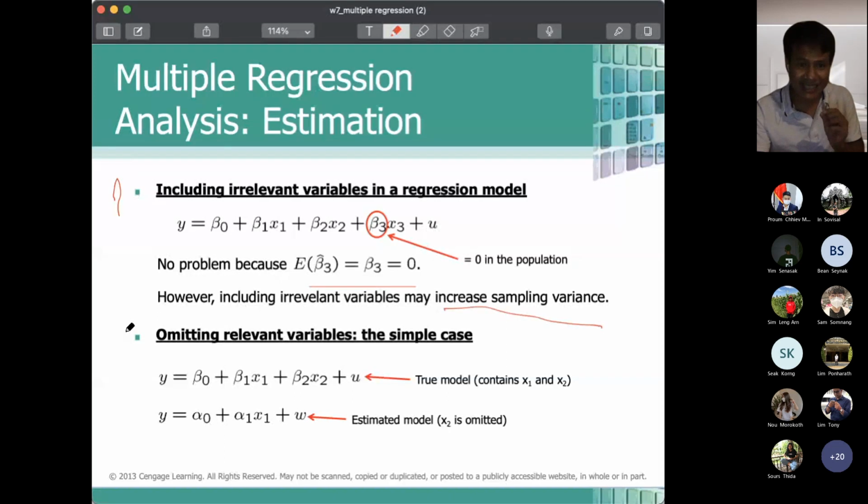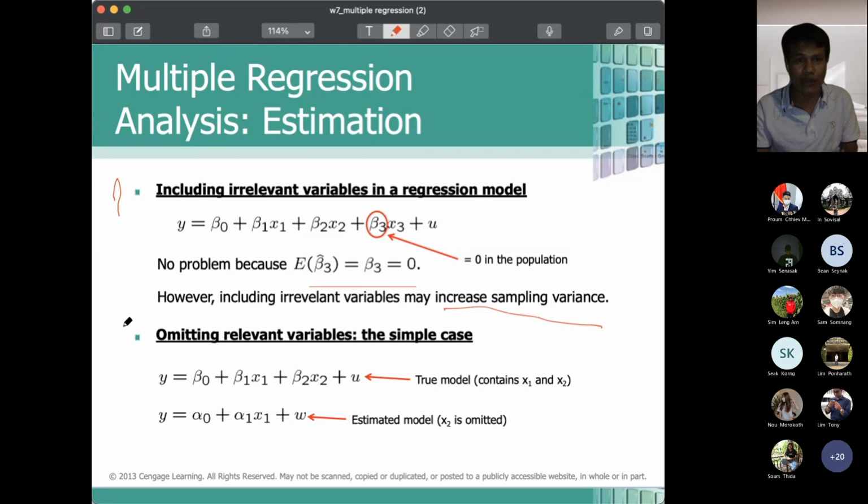But at some point, unintentionally, you omit or exclude a relevant variable. Or, because of data availability, you will not be able to include a relevant variable. For instance, you want to estimate the effect of education on wage, but there is no data on ability.